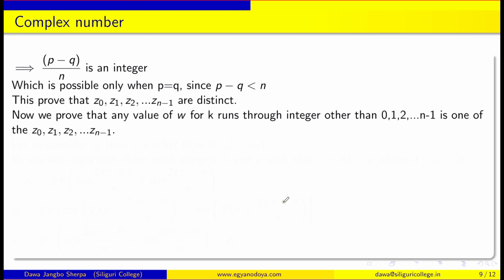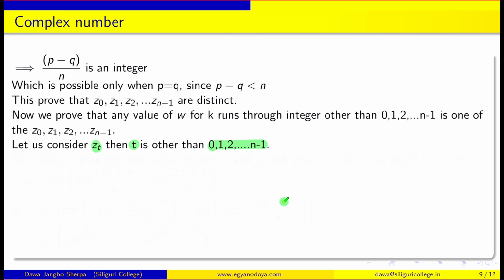Now we prove that any value of W, as k runs through the integers 0 to n minus 1, is one of the values Z0 to Zn minus 1. Let us consider Zt, where t is other than 0 to n minus 1.